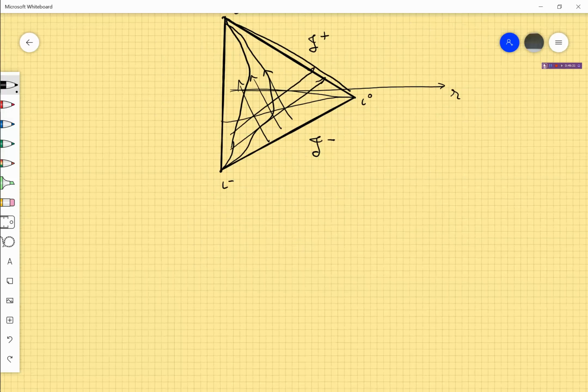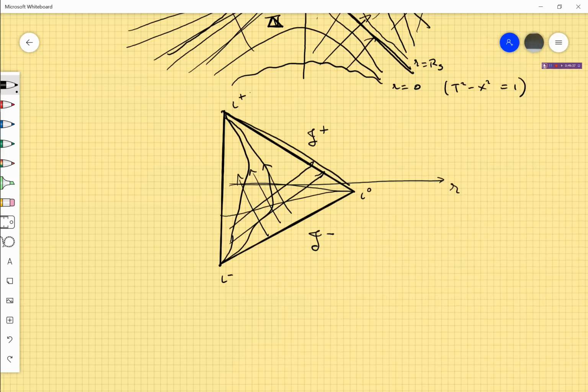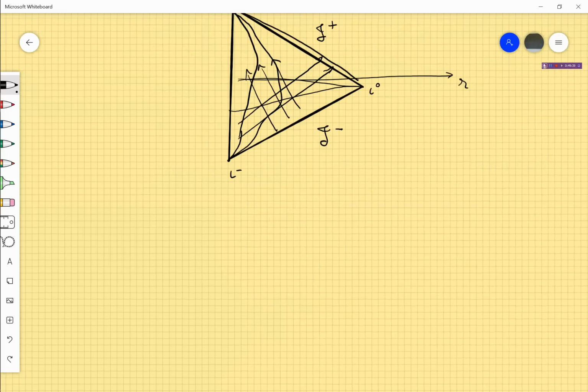If you do the same, and I'm talking about this very schematically, for the Schwarzschild spacetime, what you find is something like this. This is the Penrose diagram for the Schwarzschild spacetime.